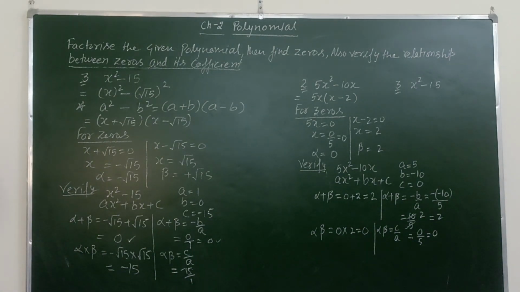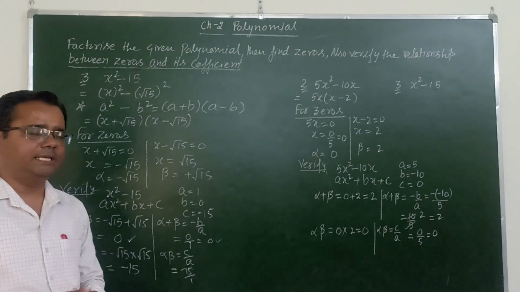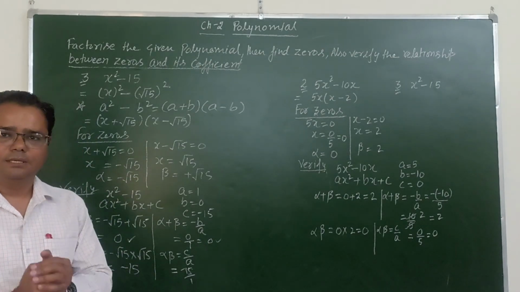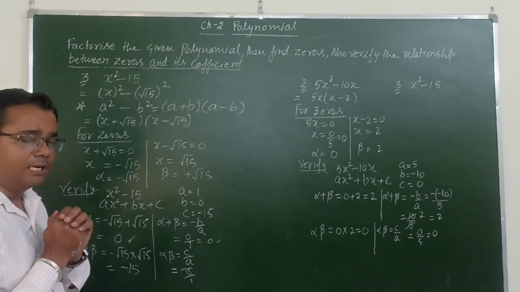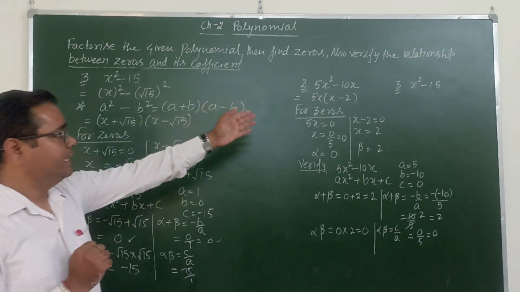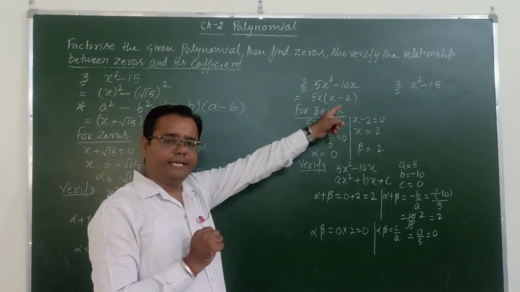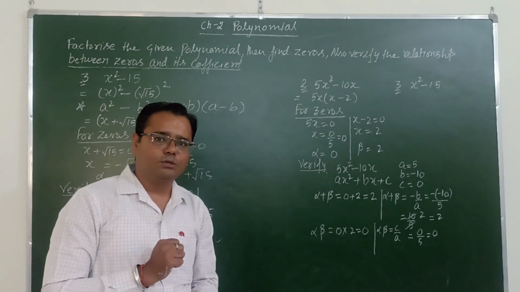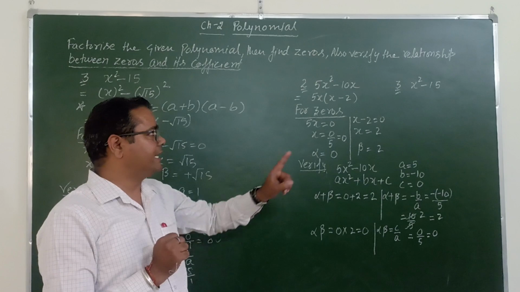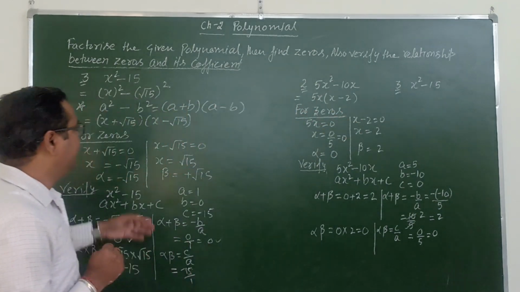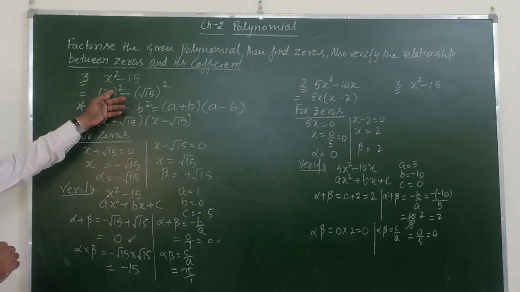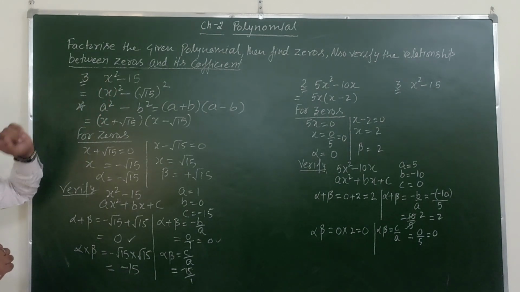So we have three types of polynomial. One where a, b and c, all three coefficients, are not equal to 0. Then we will use middle term splitting. In the second case, the constant is 0. Where the constant is 0, you always have to factorize by taking the common. Then the third is where b or the middle term is missing.